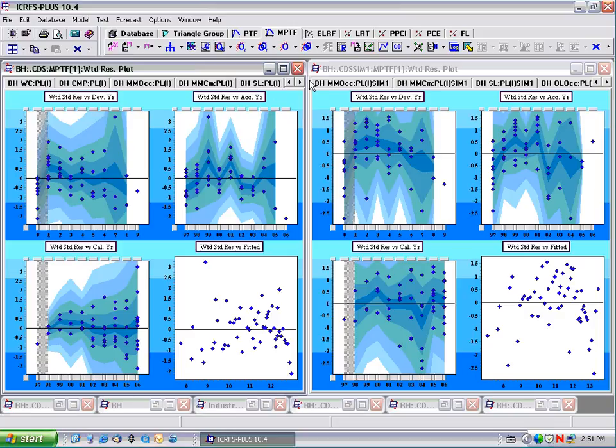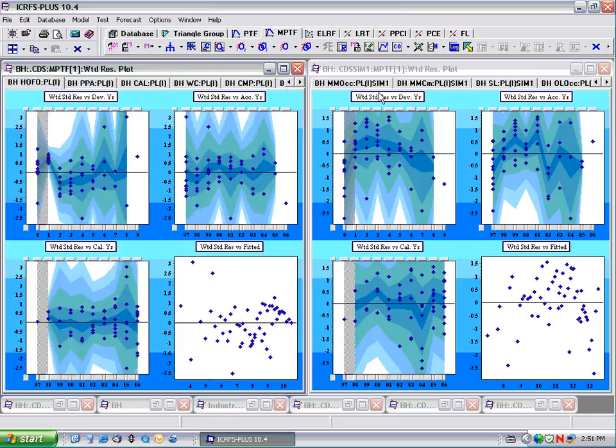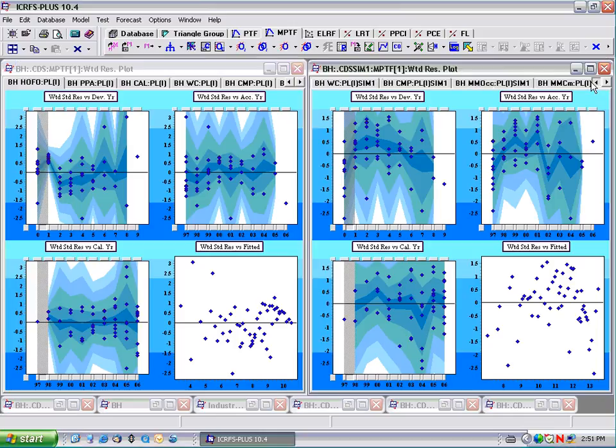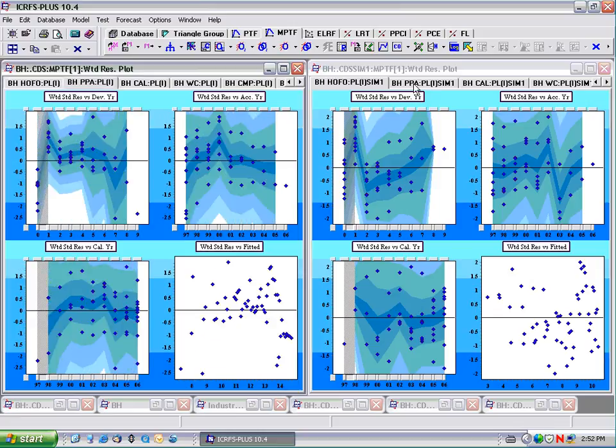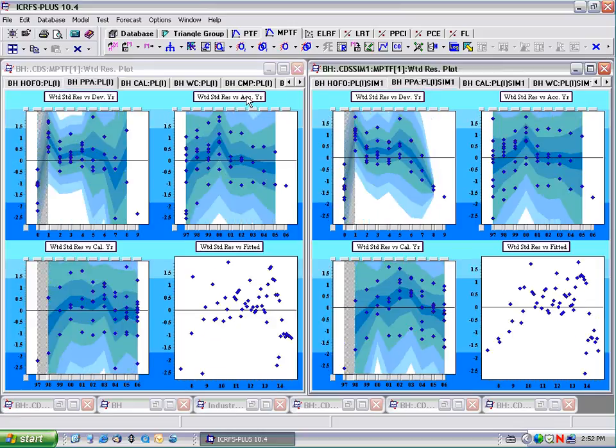So let's go to workers HLF on this side. And on this side also HLFO. And do they look similar or very different? Well, to me they look pretty similar. There's a bit of a drop here. I guess that's a little bit different, but we don't have that drop there. Let's look at PPA versus PPA. Pretty similar.